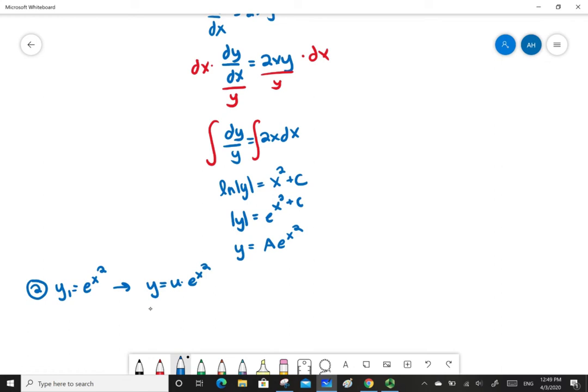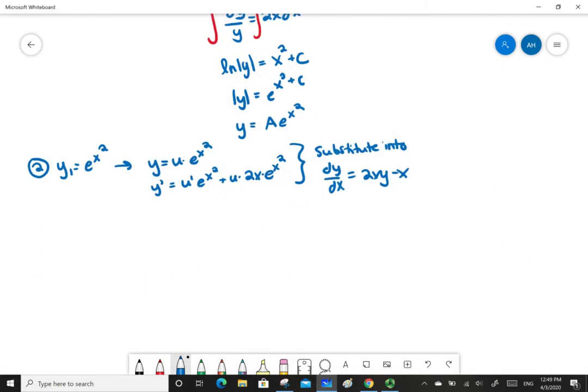In this problem, y prime equals u prime e to the x squared plus u times 2x e to the x squared. Plugging into dy/dx equals 2xy minus x, we get that u prime e to the x squared plus u times 2x e to the x squared equals 2x times u e to the x squared minus x.